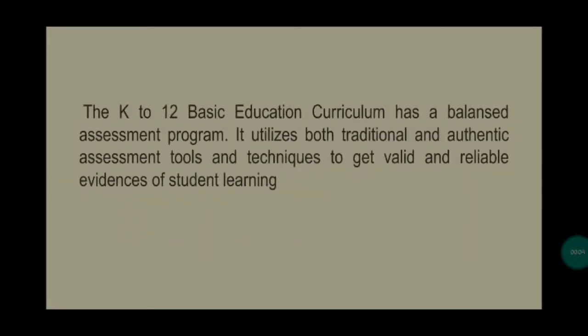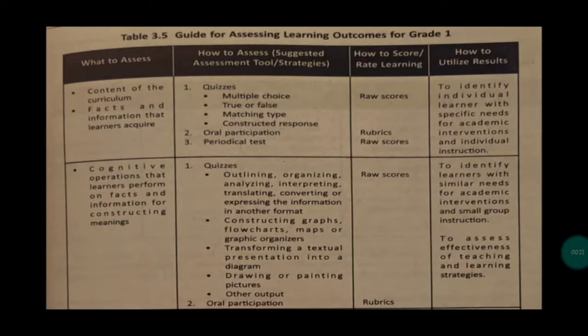The K-12 basic education curriculum has a balanced assessment program. It utilizes both traditional and authentic assessment tools and techniques to get valid and reliable evidence of student learning. So this is Table 3.5, displaying the guide for assessing learning outcomes for Grade 1.